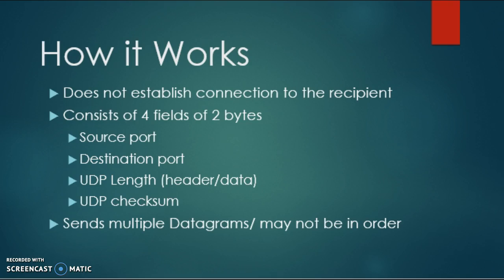That way we can use the last 2 bytes, the UDP checksum, to verify that all of the information is there. It uses the third set of 2 bytes to determine the length, and if the length is right, the checksum verifies, and it means that all the data was sent and everything is whole and nothing was missing in the transmission.